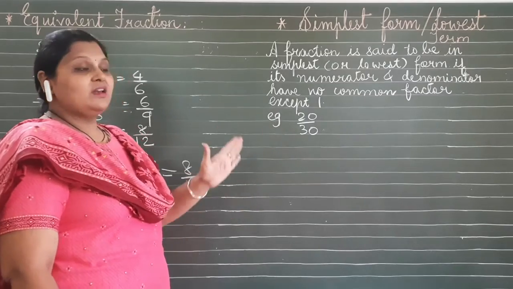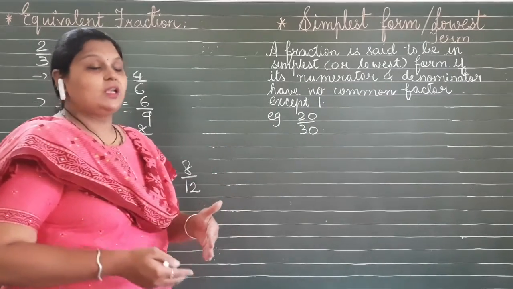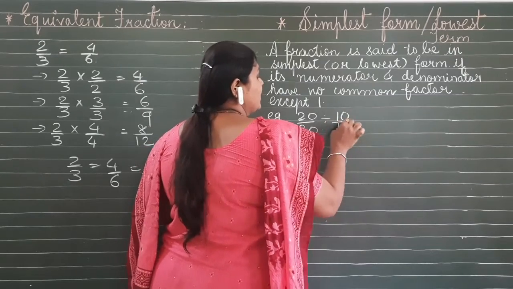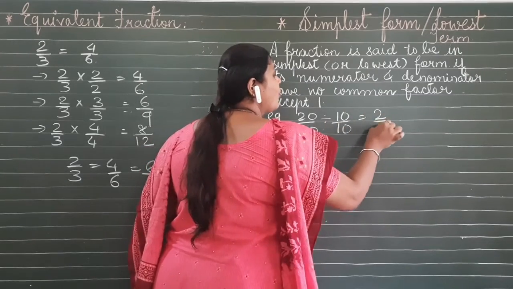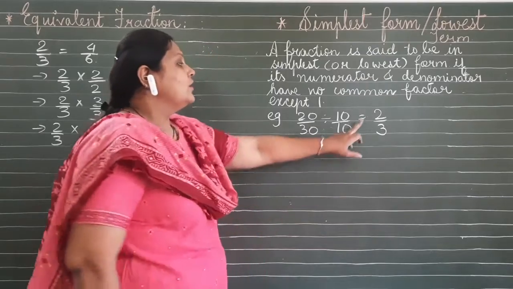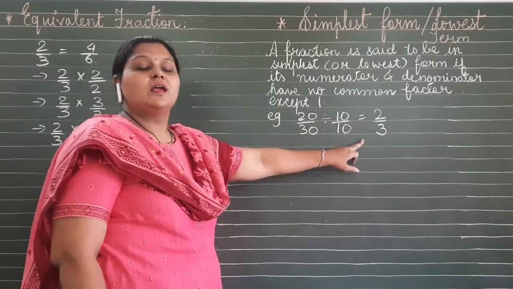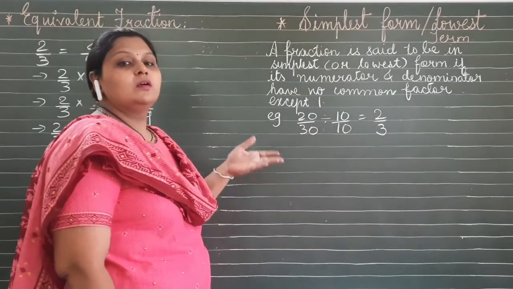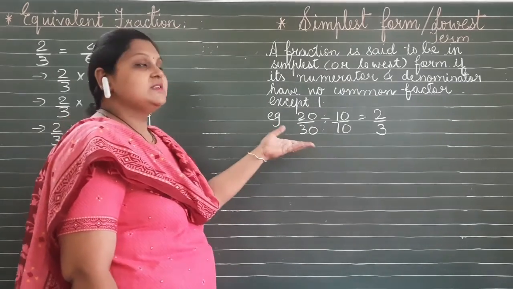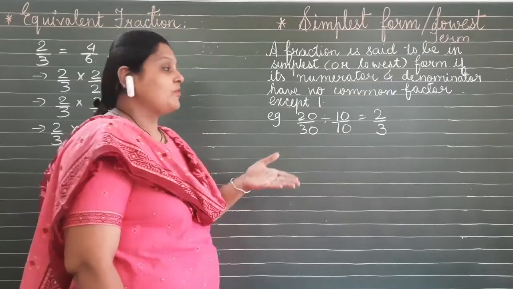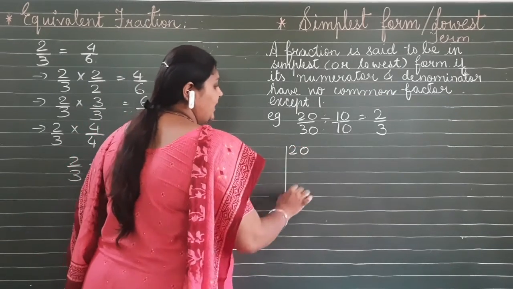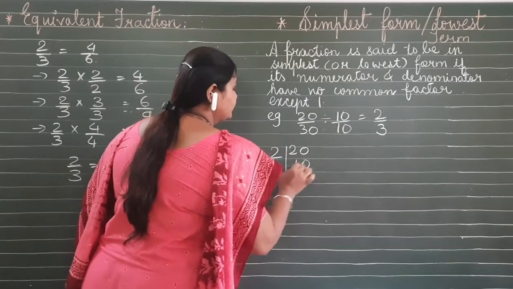Now if I divide 20 upon 30 by 10 upon 10, I will get 2 upon 3. So here 2 upon 3 is in the lowest term. Same way, another method to find the lowest term is to find the HCF first. So very first, the HCF of 20 and 30 we will find out.